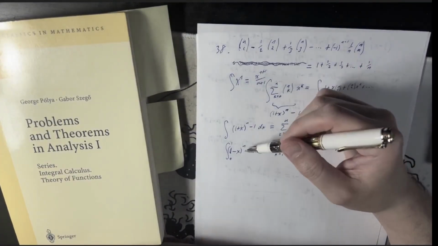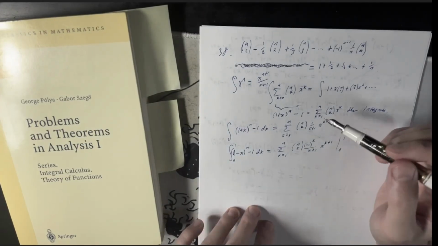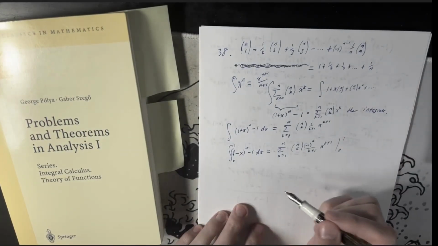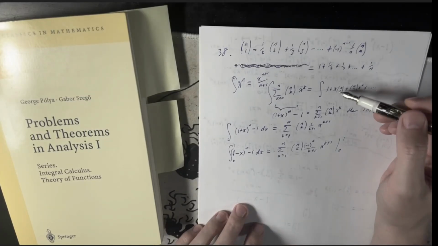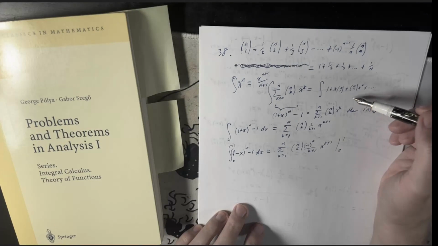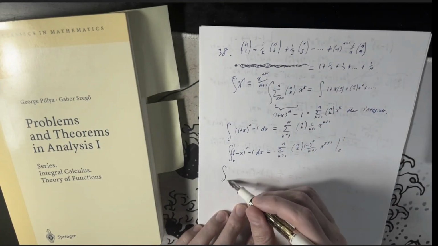Scale it. Okay, what if I took this and divided by x? If I subtract 1 and then divide by x, you have a 1 here. You have an x here, which I integrate, and then it matches up. Okay, okay.